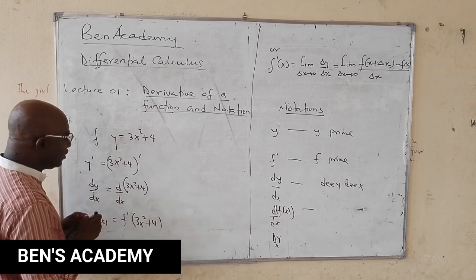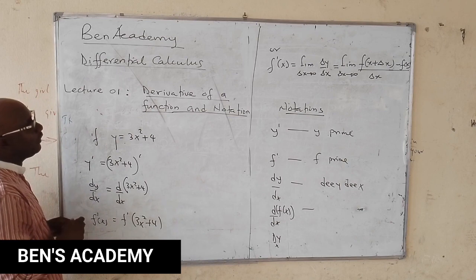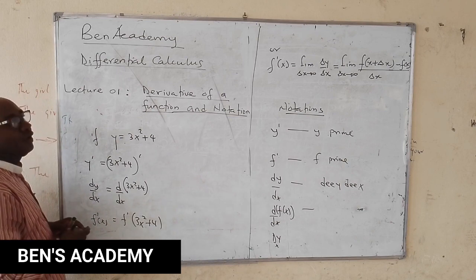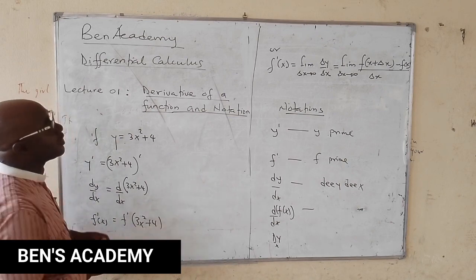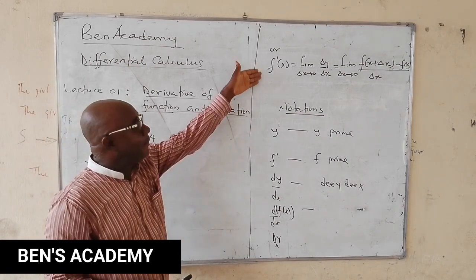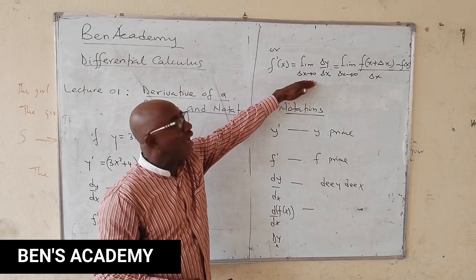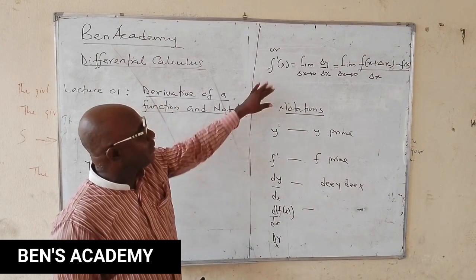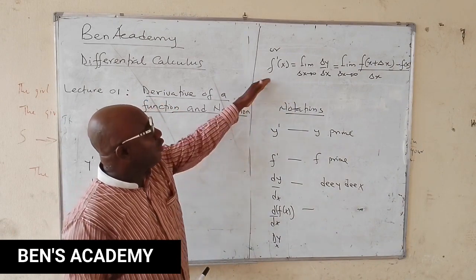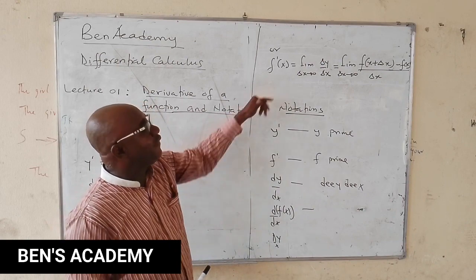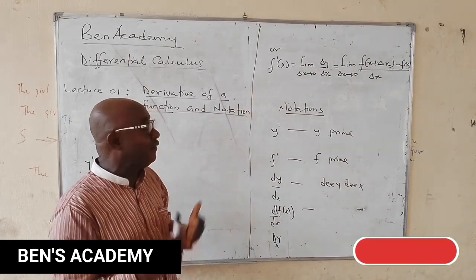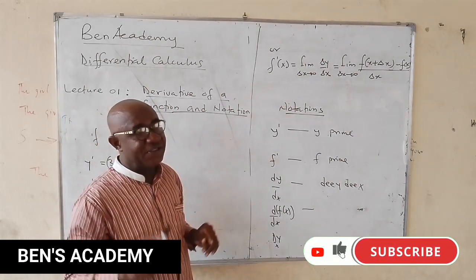So any of the notations we can use to differentiate a function. We can differentiate any function using this particular definition on the board, the first principle definition. So we're going to go into calculating the derivative of a function from first principle.